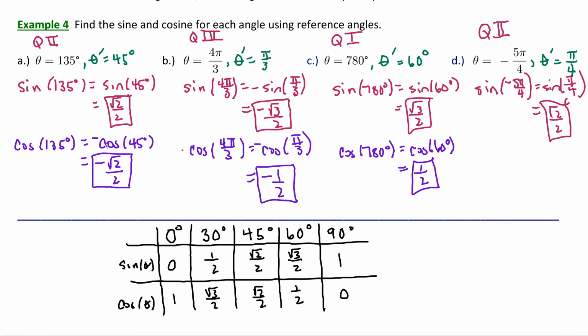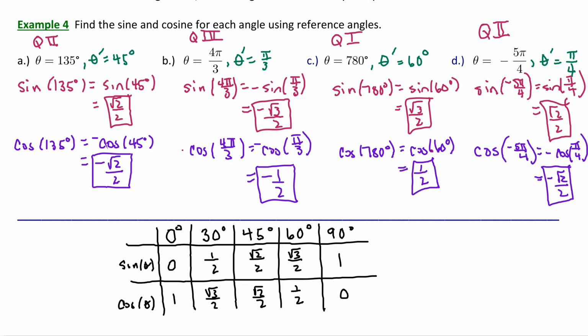And for our last problem for chapter 1, let's evaluate cosine of negative 5 pi over 4. Now in quadrant 2, where negative 5 pi over 4 lands, cosine is negative. So this is going to be negative cosine of its reference angle pi over 4. So that's going to give us negative square root of 2 over 2.